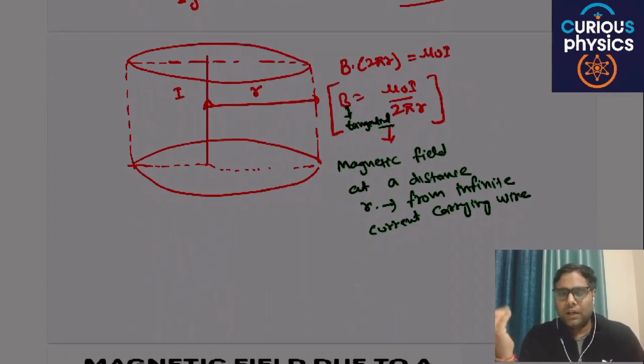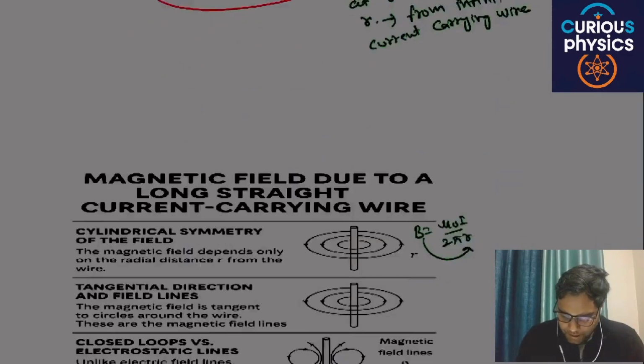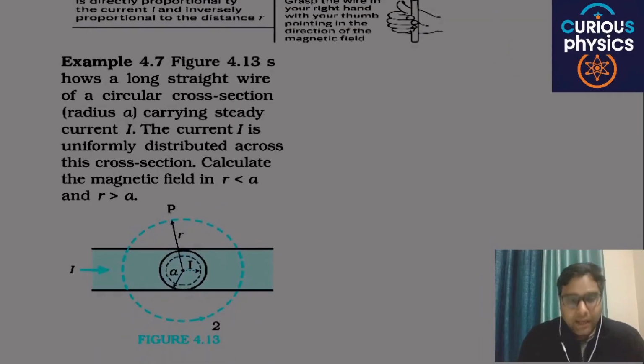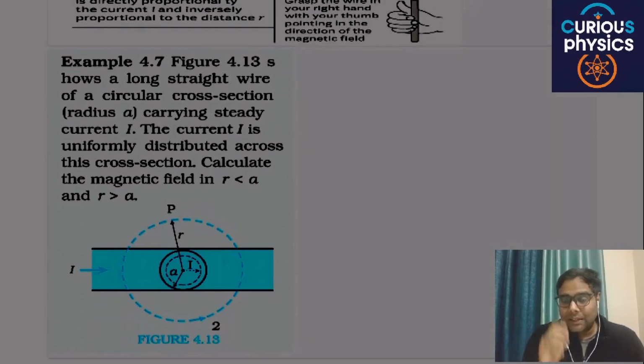The curl of the fingers will show the direction of magnetic field. Are you able to understand my point or not? These are the basic ideas about the Ampere circuital law. And I in is nothing but the current inside the loop.